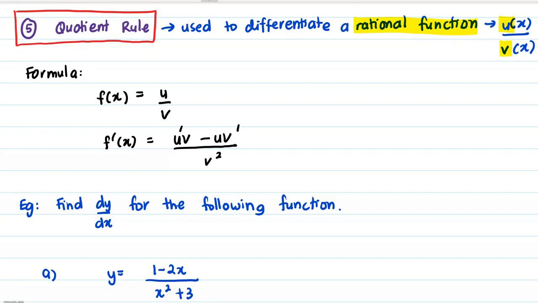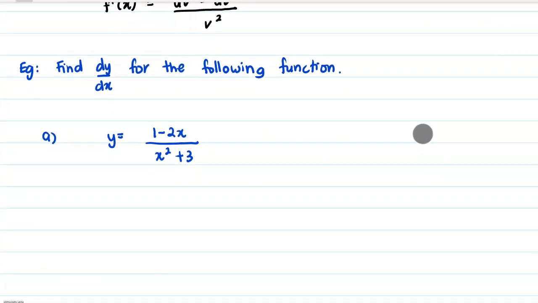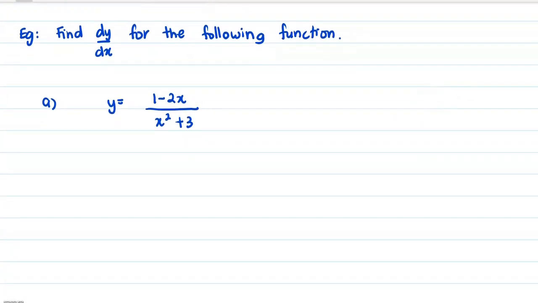Okay class, now let's look at an example. We want to find dy/dx for the following function. For a, we have y is (1 minus 2x) over (x squared plus 3). So this is your u and this is your v. Your u will be 1 minus 2x and your v will be x squared plus 3.